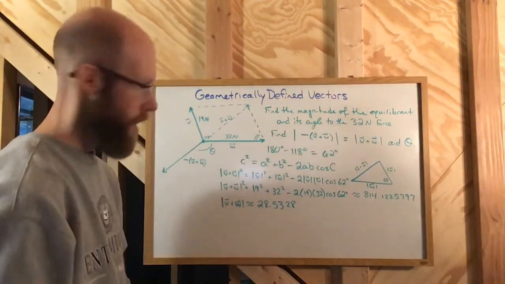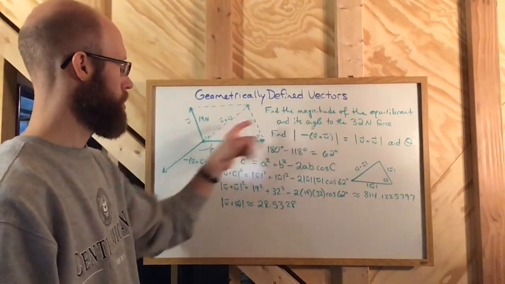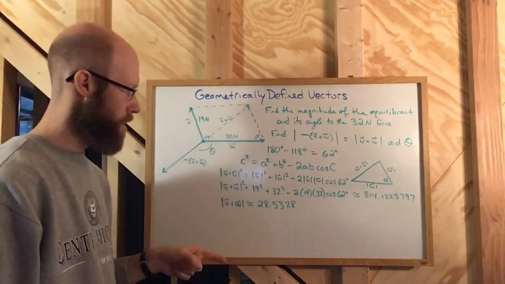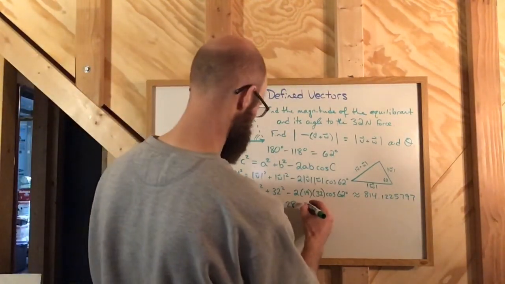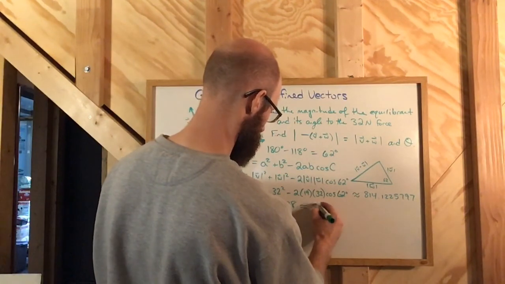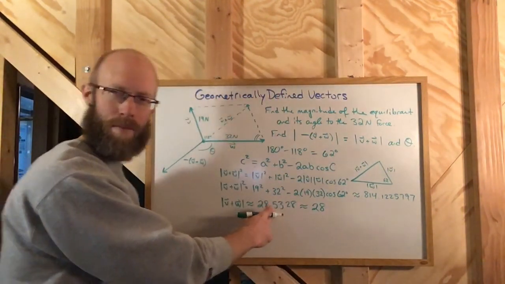Now, I've got everything rounded here originally to the nearest whole number, so I'll do the same thing here. We'll call that 28 newtons. Oh no, I'm sorry, 0.5 rounds up, so 29 newtons.